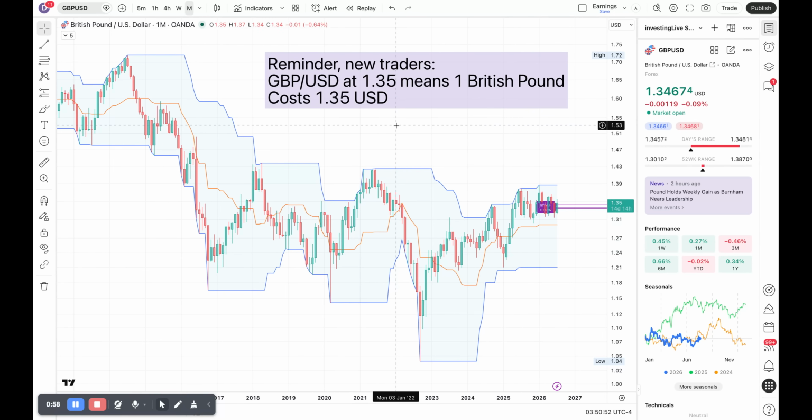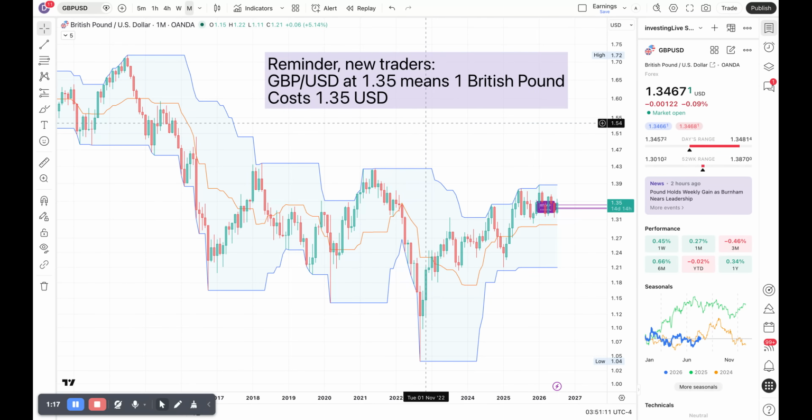So if the sentiment toward the UK is improving and the pound strengthens while the US dollar is unchanged, then the pair should rise because more dollars are required to buy £1.